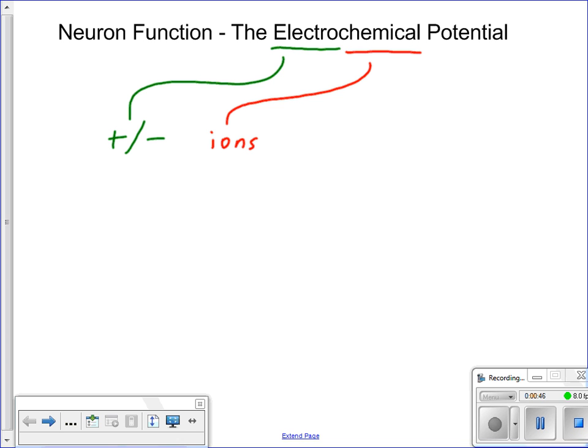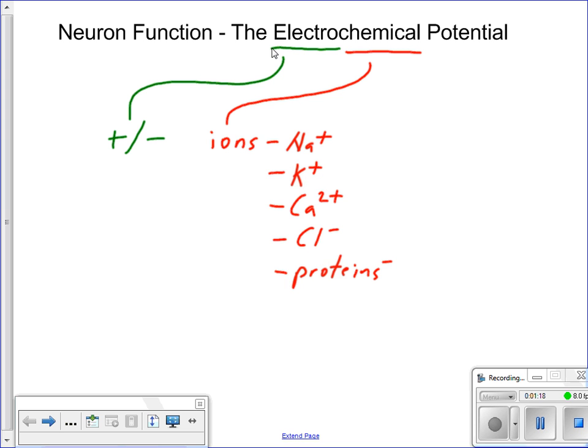The major ions that are involved in neuron physiology are sodium ions, potassium ions, and to a lesser extent, calcium ions, chloride ions, and negatively charged proteins.